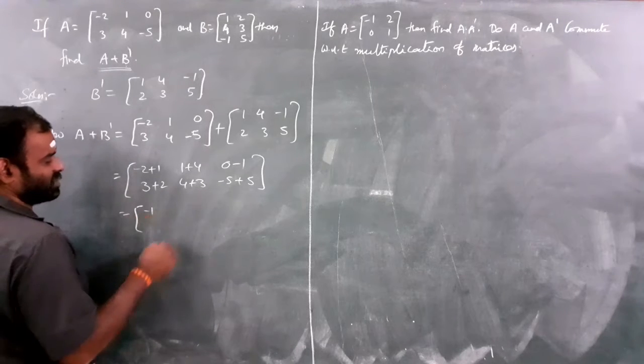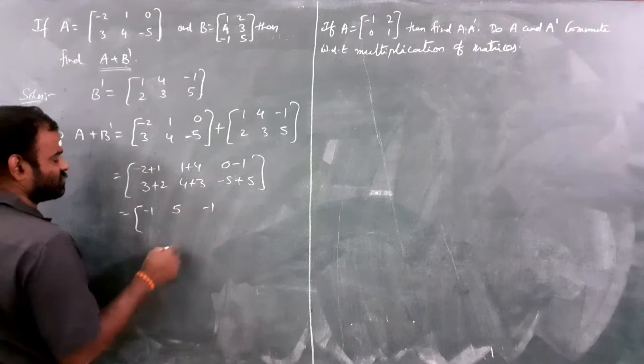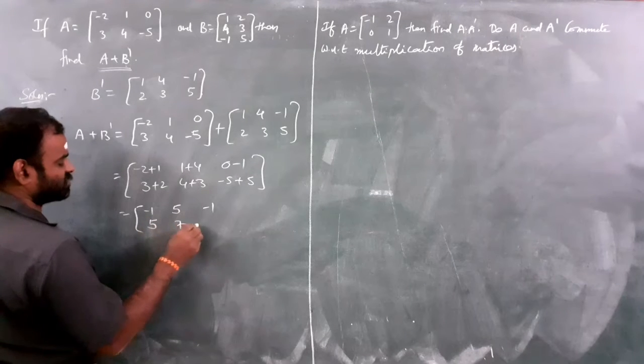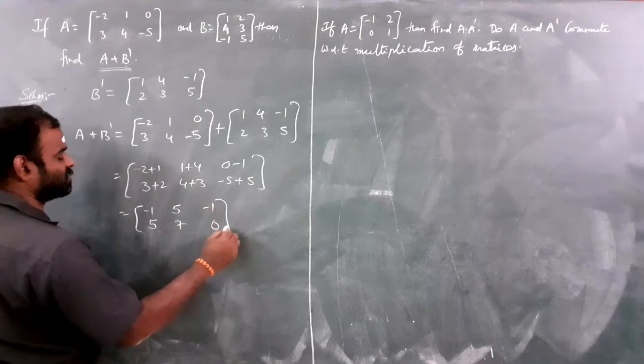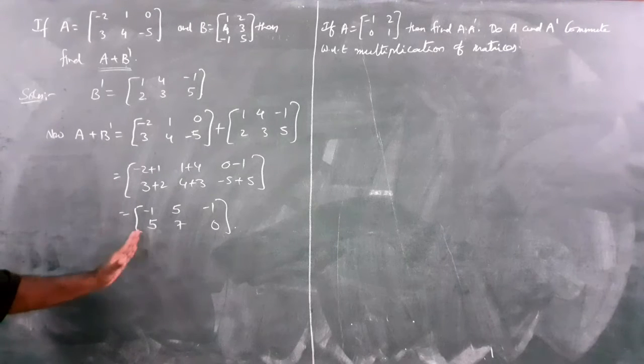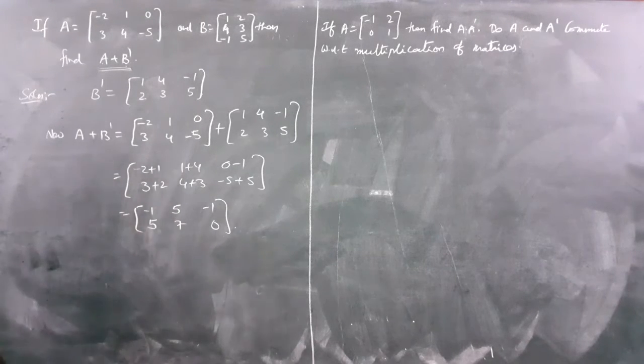So minus 2 plus 1 is minus 1, 1 plus 4 is 5, 0 minus 1 is minus 1, 3 plus 2 is 5, 4 plus 3 is 7, minus 5 plus 5 is 0. So this is A plus B dash. This is the concept.